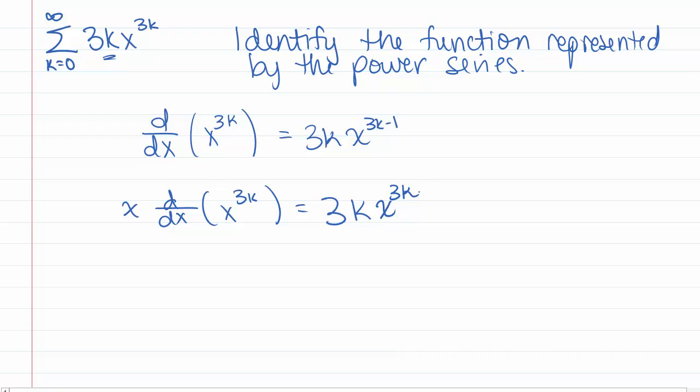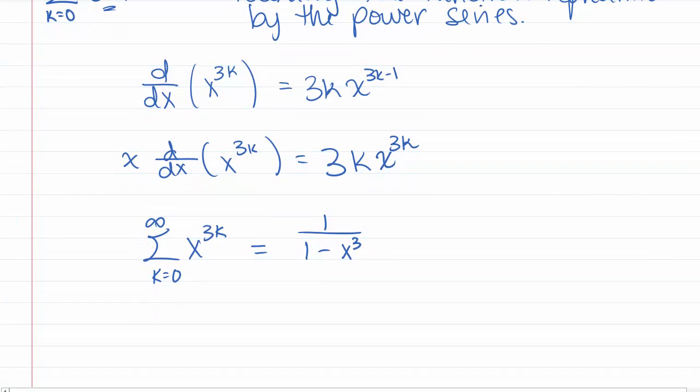All right, good. So then what does that tell us? That tells us if we look first at the sum of x to the 3k, k goes from 0 to infinity, we know what that is. That's a geometric series with x cubed being the r. This is 1 over 1 minus x cubed.